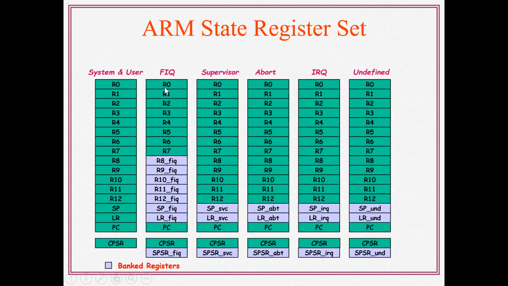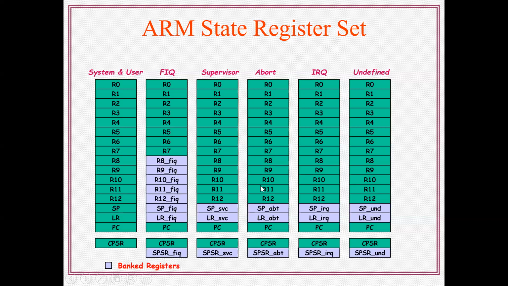In FIQ mode, R8 to R14 and R15 are available. PC is common to all, it is not a hidden register. And SPSR is available. So in total, 1, 2, 3, 4, 5, 6, 7, 8 registers are hidden. In supervisor mode, R0 to R12 are normal registers and R13, R14 act as hidden registers, and SPSR is also a hidden register.